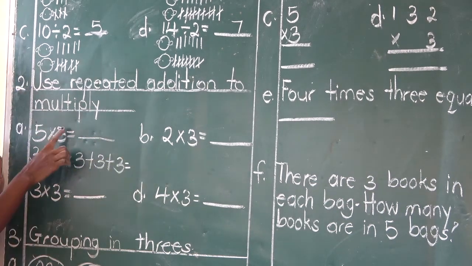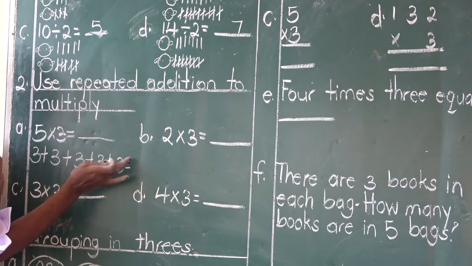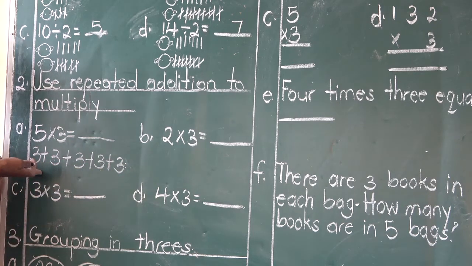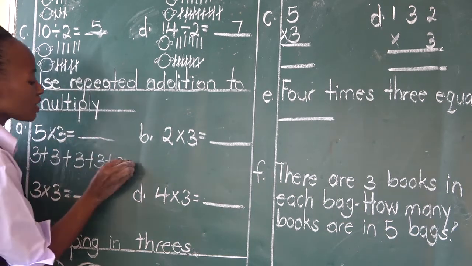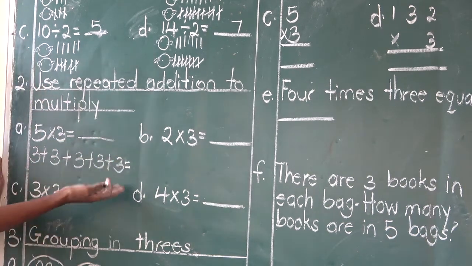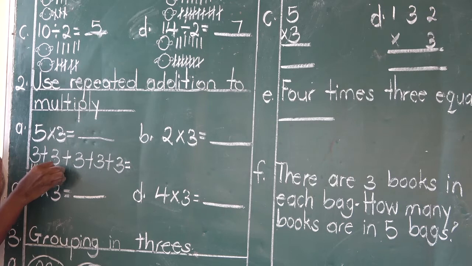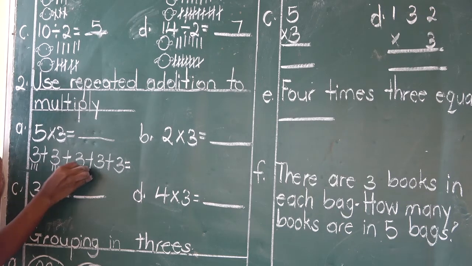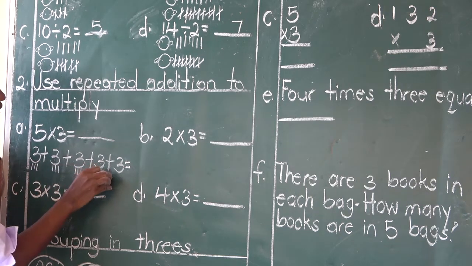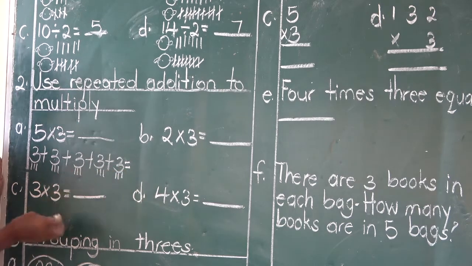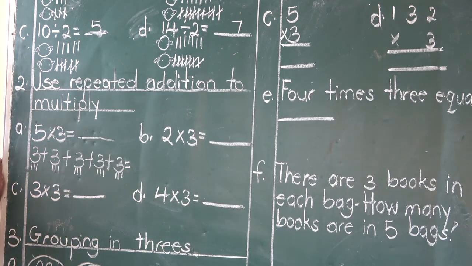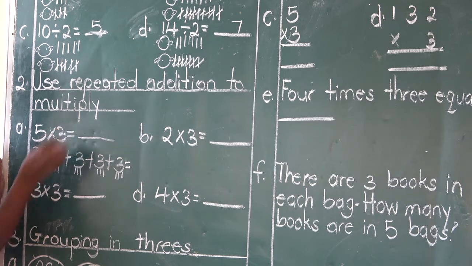But if they had not put the equal signs here, you would have stopped here, and that would have been right. But since they want the answer here, when you are using repeated addition, we are going to add. We have 1, 2, 3 five times.